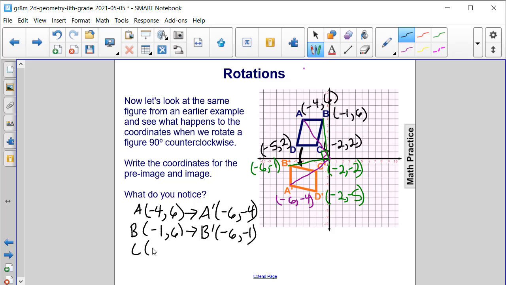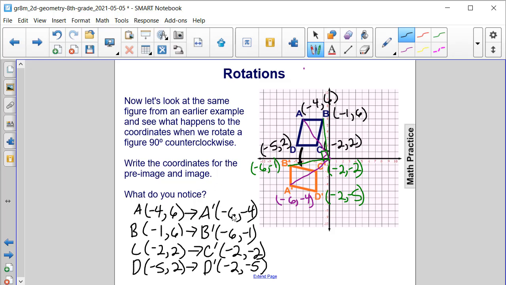C, we're going from -2, 2 to C prime, -2, -2. And then D, we're at -5, 2, and we went to -2, -5.